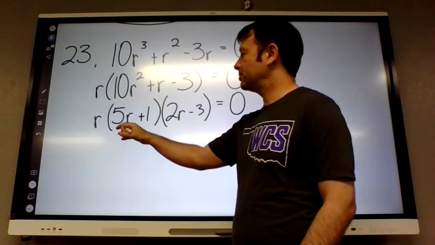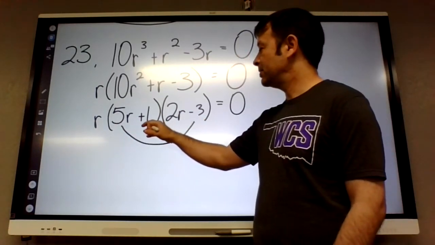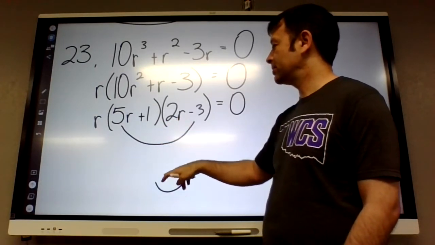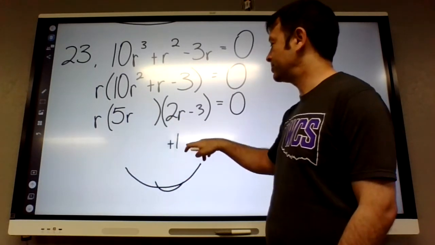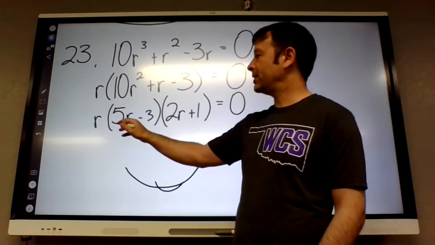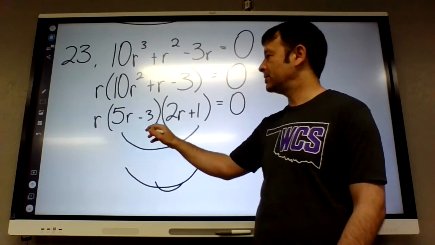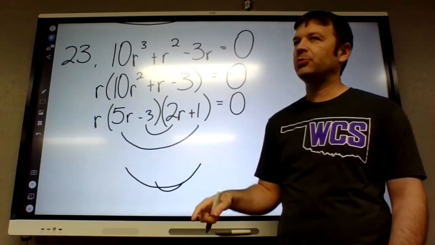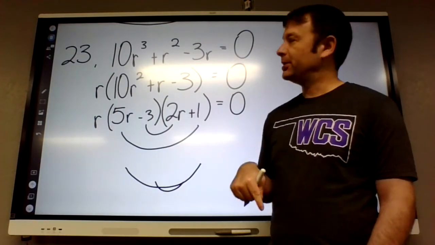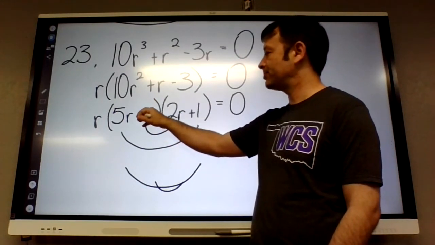I think we guessed wrong. So the outside is negative 15. The inside is plus 2. So that doesn't work. But if we switch these two, now the outside is 5R and the inside is minus 6. What's 5 minus 6? Negative 1. And we wanted positive 1, so I got my plus and minus backwards also.